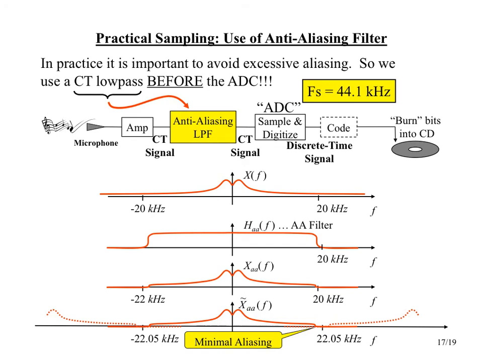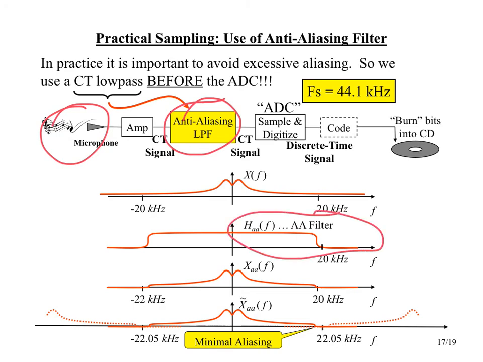So we'll illustrate this from the point of view of music. So we've got some music going into a microphone, and you may know that humans can't really hear audio above right about 20 kilohertz or so. So if we run our signal through an anti-aliasing low-pass filter first before we sample, so here's just a cartoon version of an anti-aliasing filter.